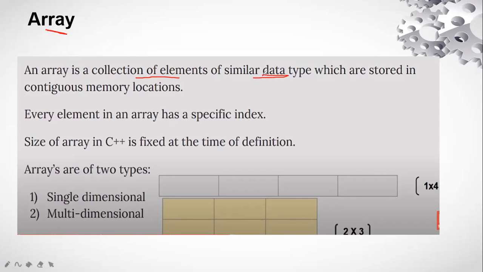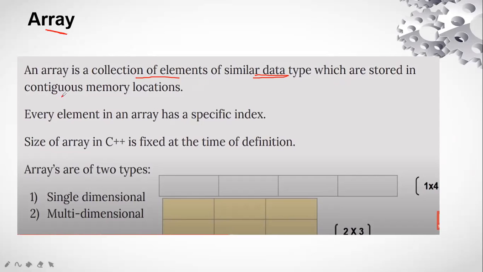You have to remember that whenever we declare the array, we store the same type of data in it. It cannot be different, right? If I initialize an integer array, I store only integer values. I cannot store one integer, one double, one char. So it should be all integer values.